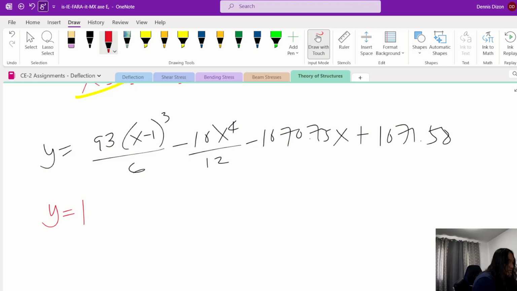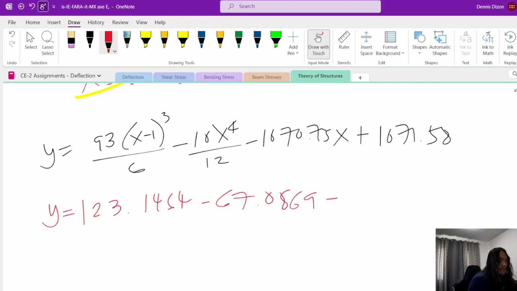This is 123.1464. And then minus 10 times 2.9954 to the fourth over 12. This is minus 67.0869.